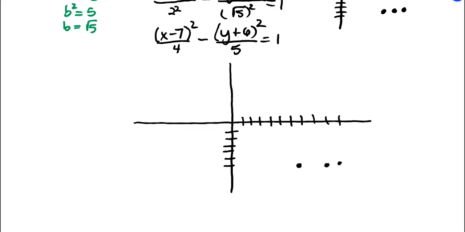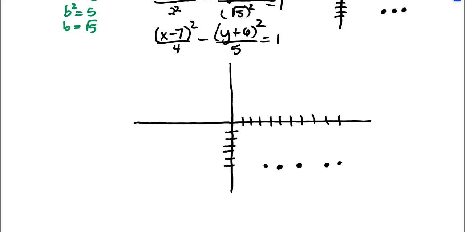Since that vertex is at (9, -6), it was 2 away from the center. If I go in the other direction, 2 to the left, that would put me at (5, -6) for the other vertex, and (4, -6) for the other focus.